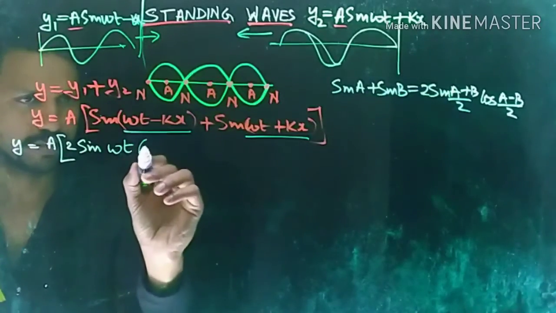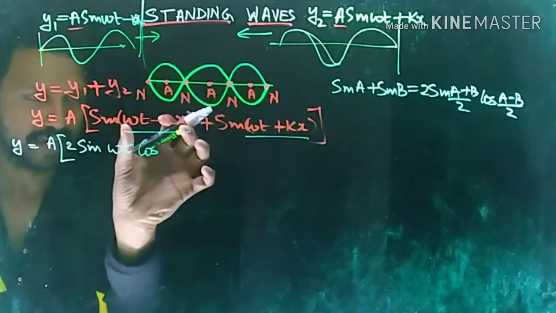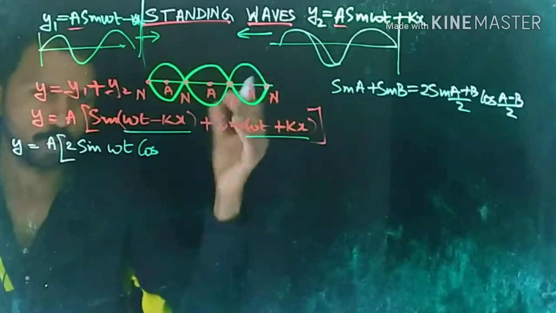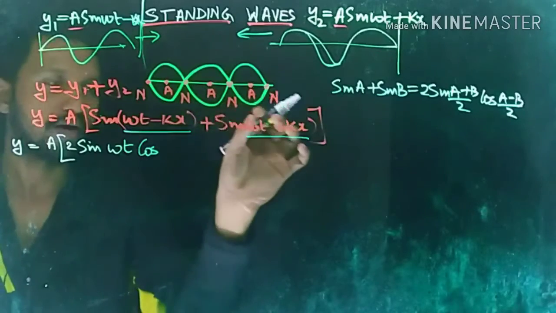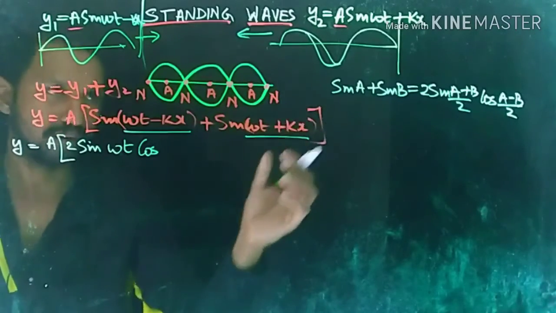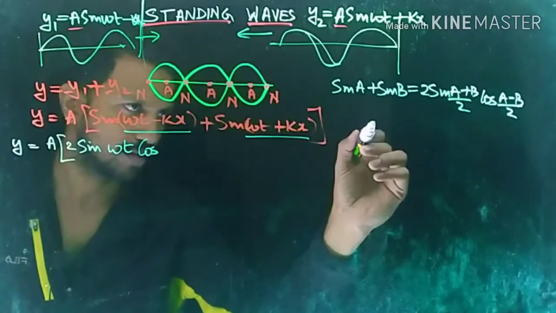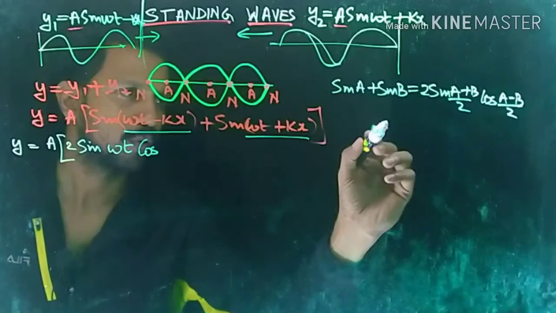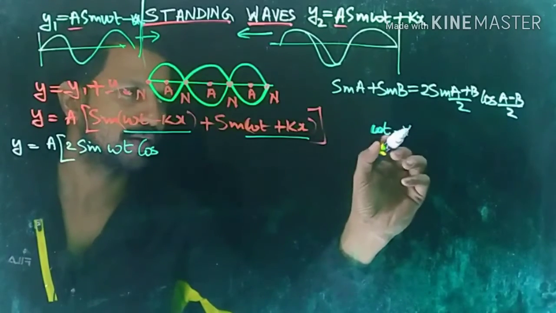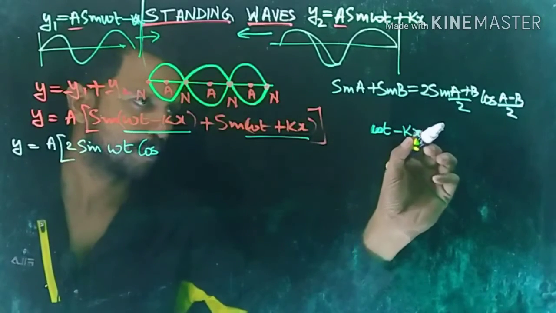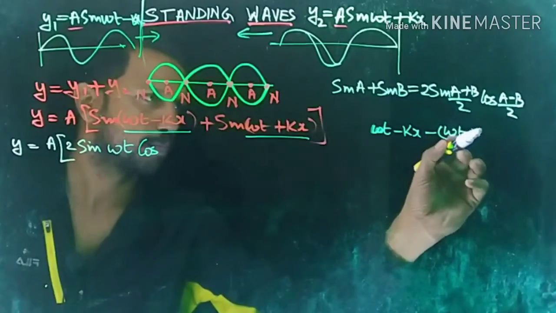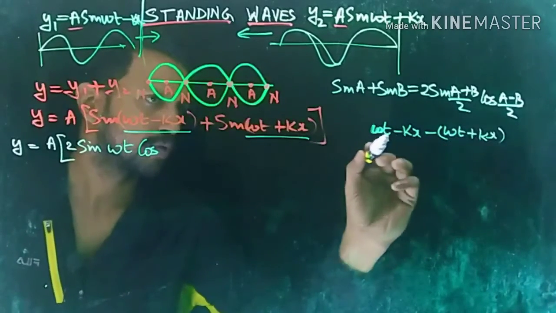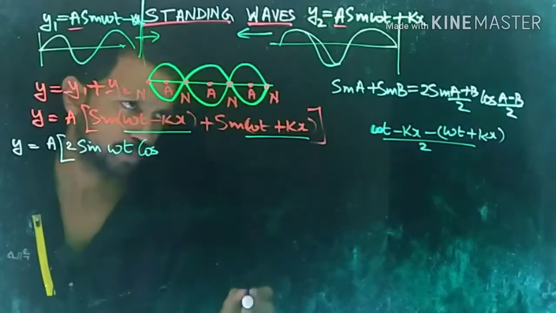And next is cos of (A minus B) whole divided by 2. That means this term minus this term divided by 2. I could write it over here: omega t minus kx minus (omega t plus kx) whole divided by 2.